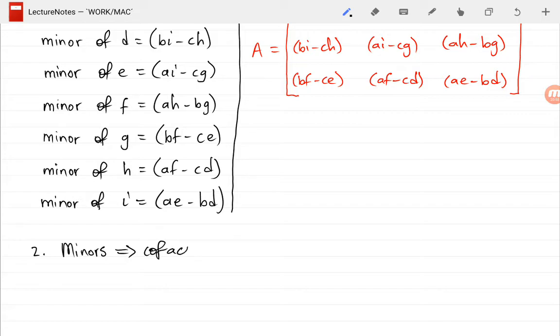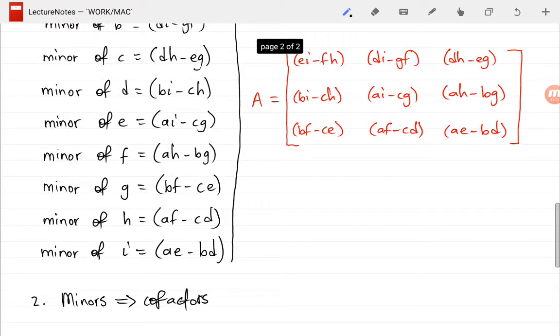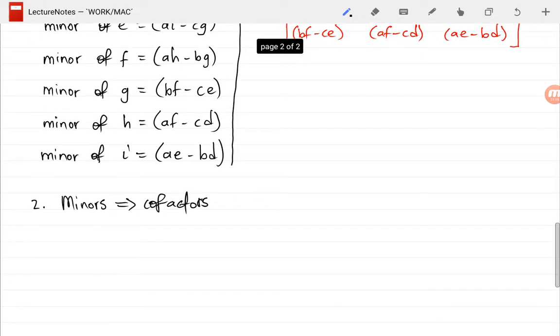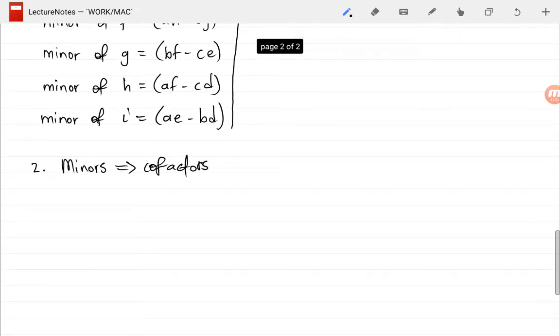Now I'm going to explain what cofactors are and how they play an important role in what we're going to design. We're going towards our matrix inverse of A. I should have said A dot, because it's no longer A. So, minors and cofactors.